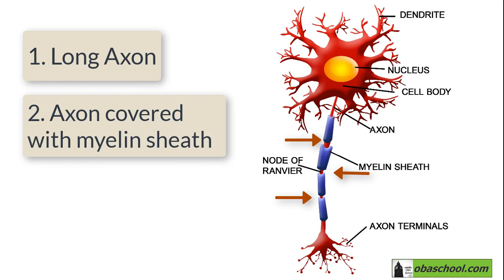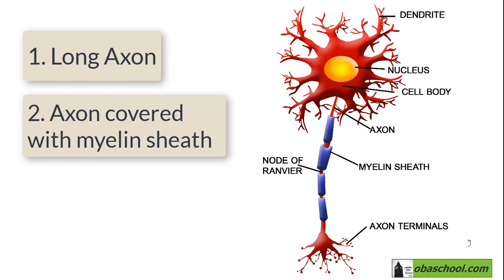These gaps are known as nodes of Ranvier. So, this insulation forces the impulse to jump from one node to another. In this way, the transmission happens so fast.